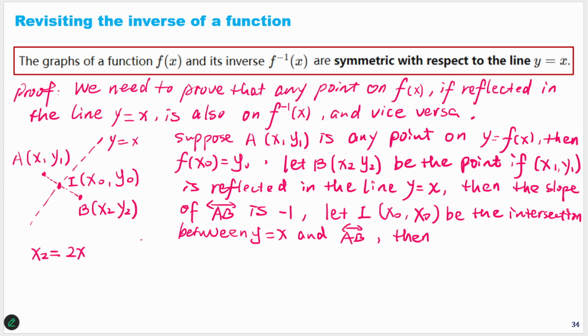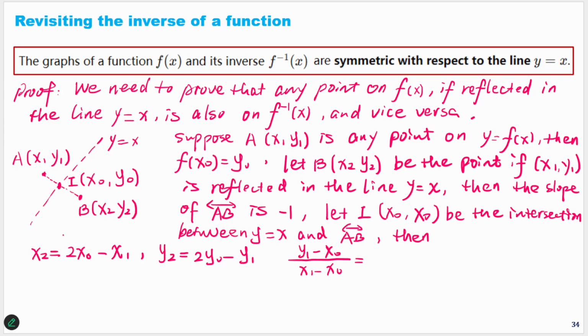Then we have x2 equals 2x0 minus x1. Can you see why? Because we use the midpoint formula here, right? Similarly, y2 equals 2y0 minus y1. And we also have (y1 minus y0) over (x1 minus x0).